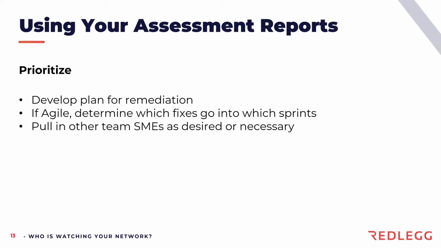So, if you're doing agile, part of that prioritization and triage would be determining which fixes are going to go first and into which sprints. And of course, as you're prioritizing, you may need to reach out to other subject matter experts who are familiar with those systems that you've identified as needing immediate attention.